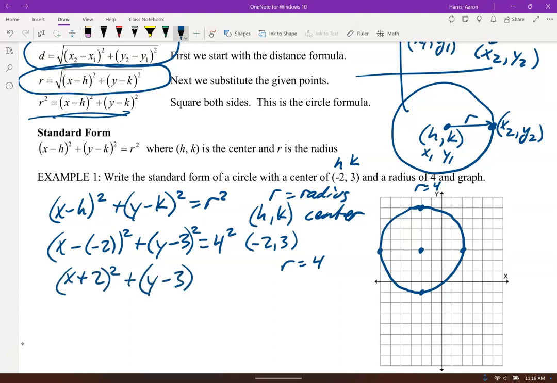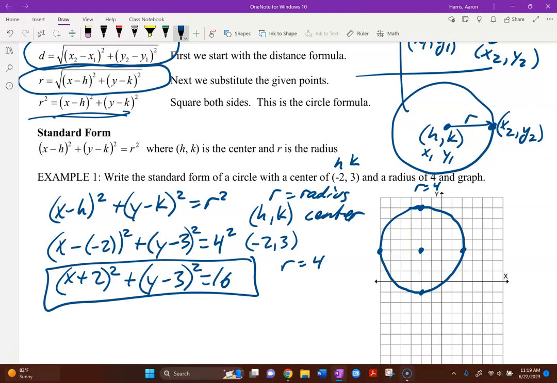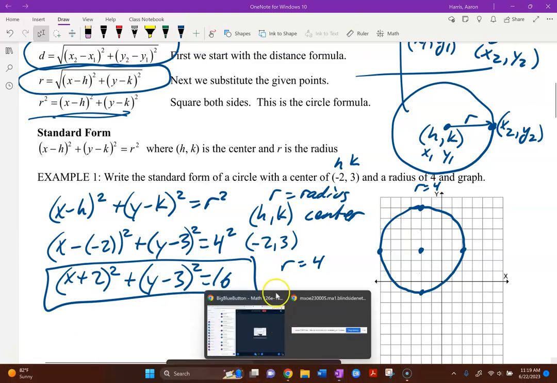This is the equation for that circle: x plus 2 quantity squared plus y minus 3 quantity squared equals 16.